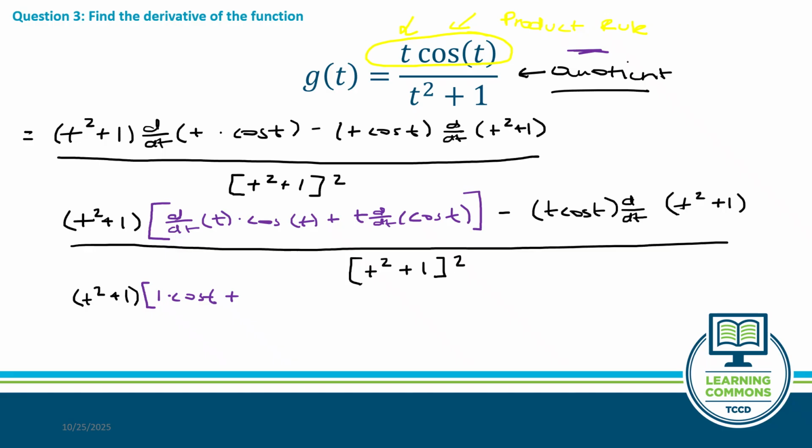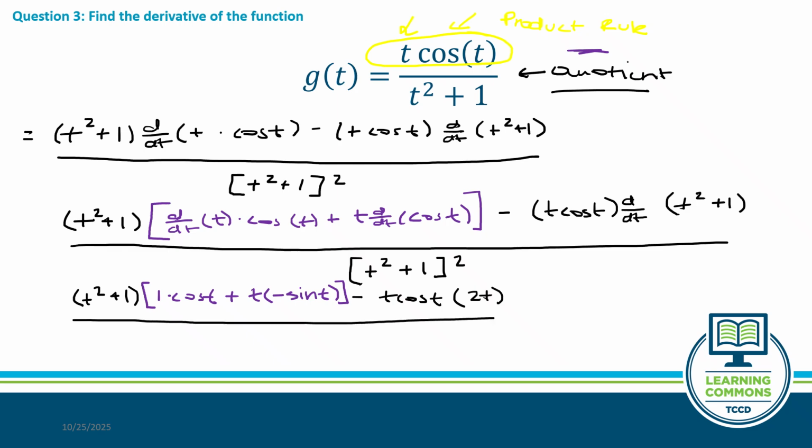So there's that. Minus t cosine t, and then times 2t all over t squared plus 1.